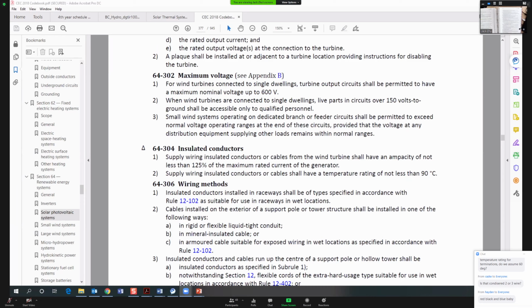I think if there is no mention of the temperature, if you look at section 4, it tells you it depends on the amps. If more than 100 amps, you will go with 75 degrees. If below, you will go with 60 degrees.